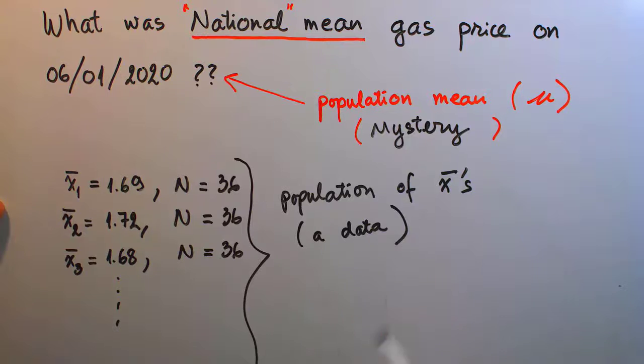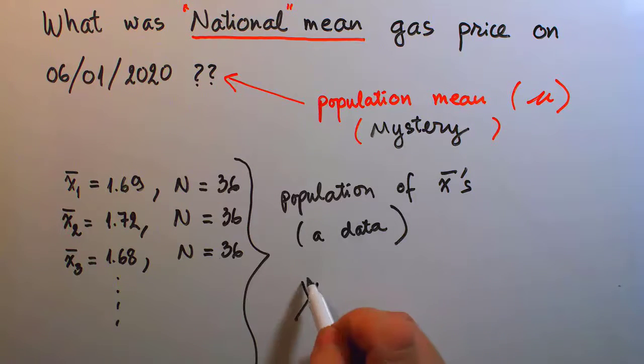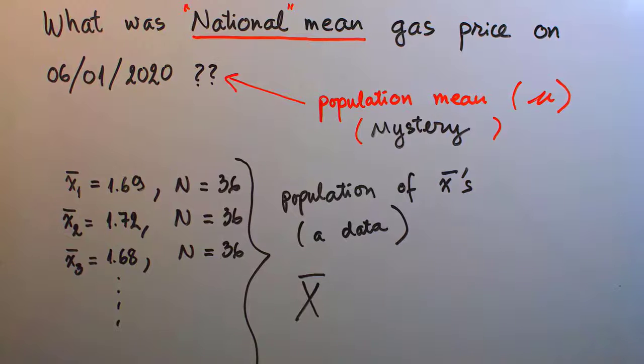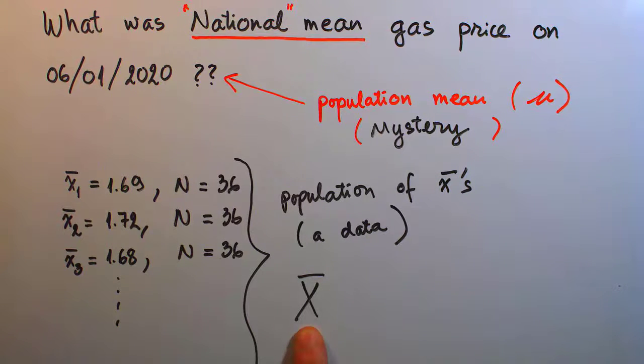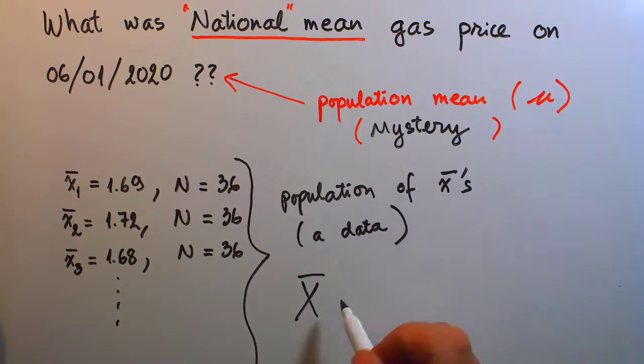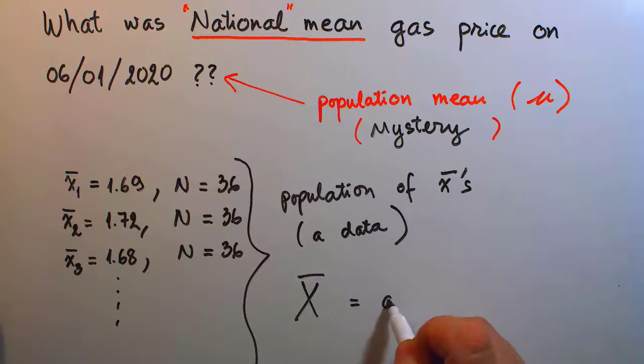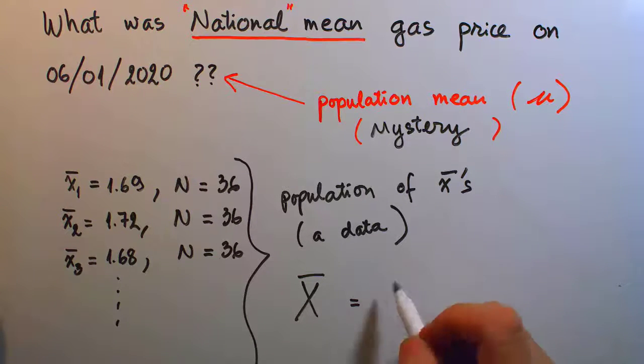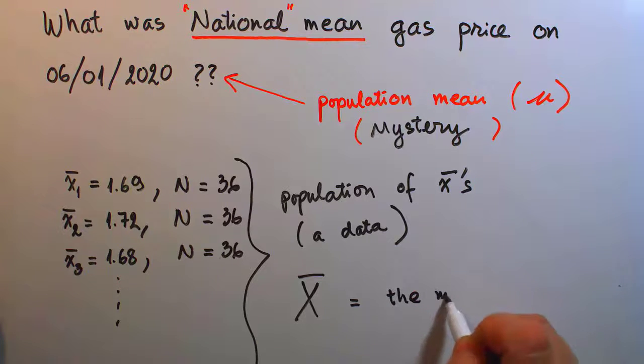And so I am now going to assign a variable's name. But instead of the traditional plain capital X, now I'm going to put a bar here to intentionally indicate that, yes, it's a random variable, but what it represents here is a sample mean value. So now I'm going to say, let capital X with a bar here represent the mean.